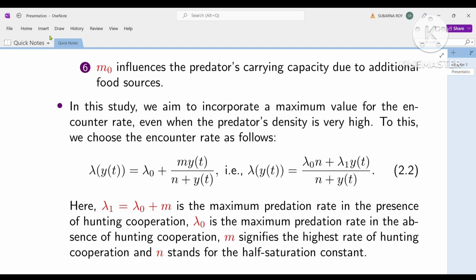Encounter rate was denoted by lambda, that is this.